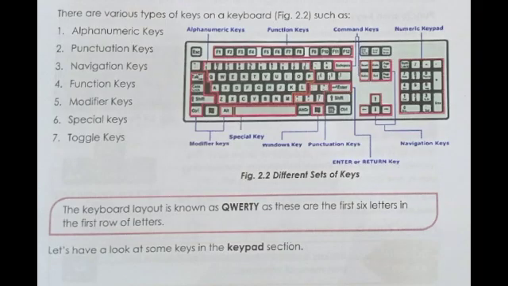The keyboard layout is known as QWERTY, as these are the first 6 letters in the first row of letters. Let us have a look at some keys on the keyboard.